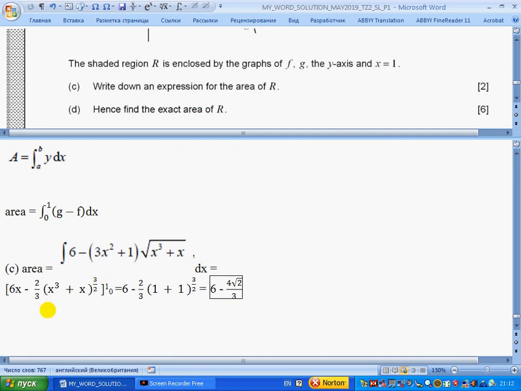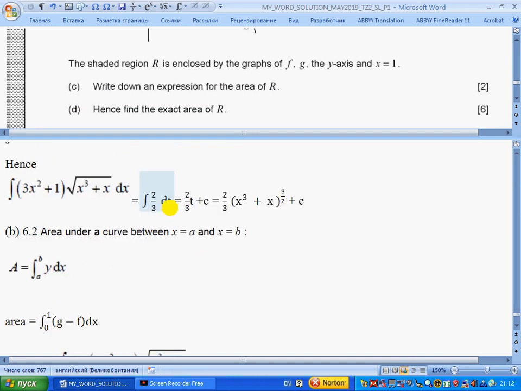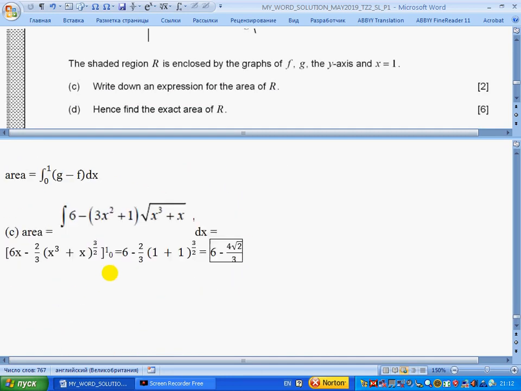It is 2/3 of this function. We should evaluate from 0 to 1, so it is the value of this function at 1 minus the value at 0. The value at 1 is this expression, the value at 0 is 0, so we get the exact area of R.